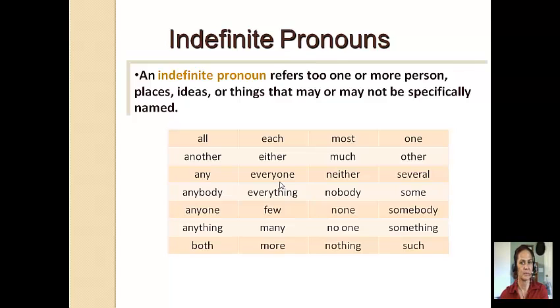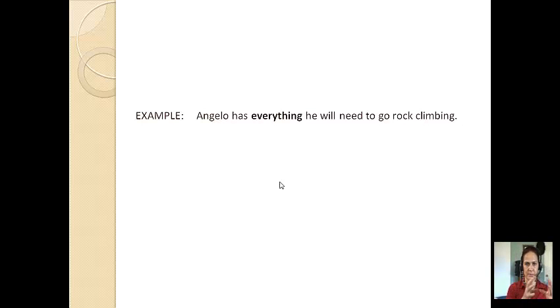Okay, let's look at a couple examples. Pretty easy to pick out here. Angelo has everything he will need to go rock climbing. Everything is your indefinite pronoun. It's not specific, but yet it's a pronoun representing a number of things, so it's indefinite.